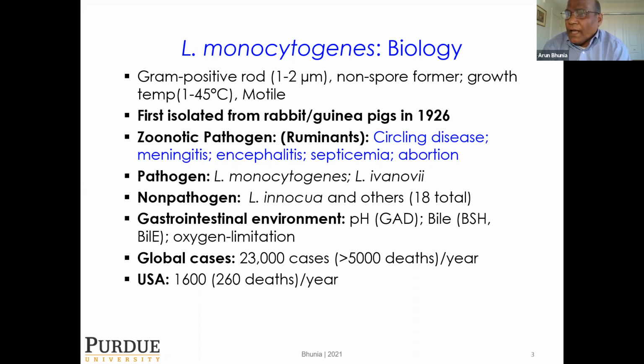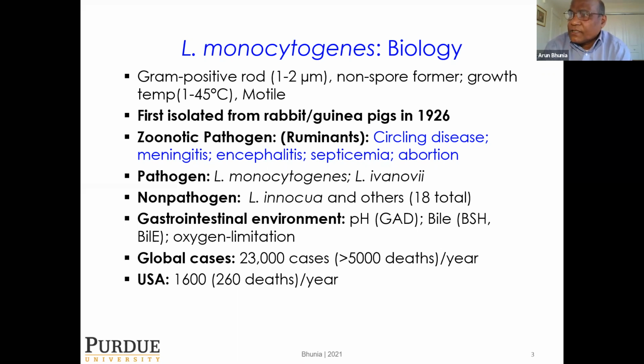As a foodborne pathogen in the US, we reported early in the 80s, that's when first large outbreaks of Listeria was recorded. And ever since, we keep seeing a lot of outbreaks of Listeria with the food. So Listeria monocytogenes is the main concern in humans. And Listeria ivanovii primarily infects animals.